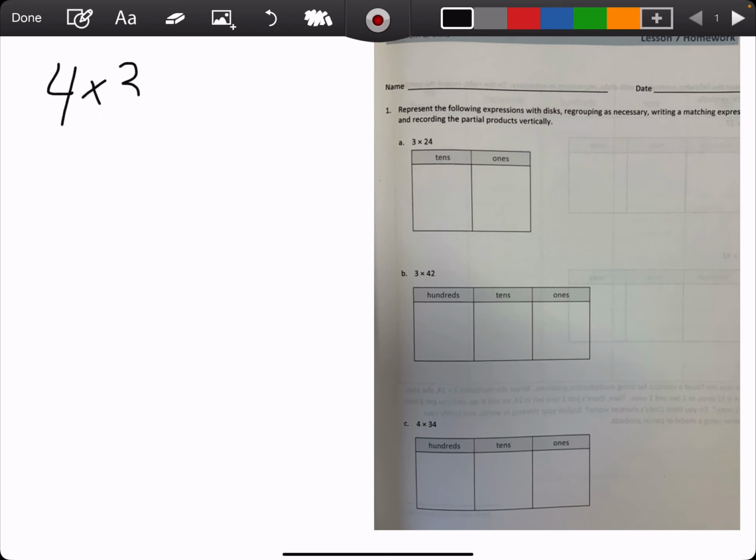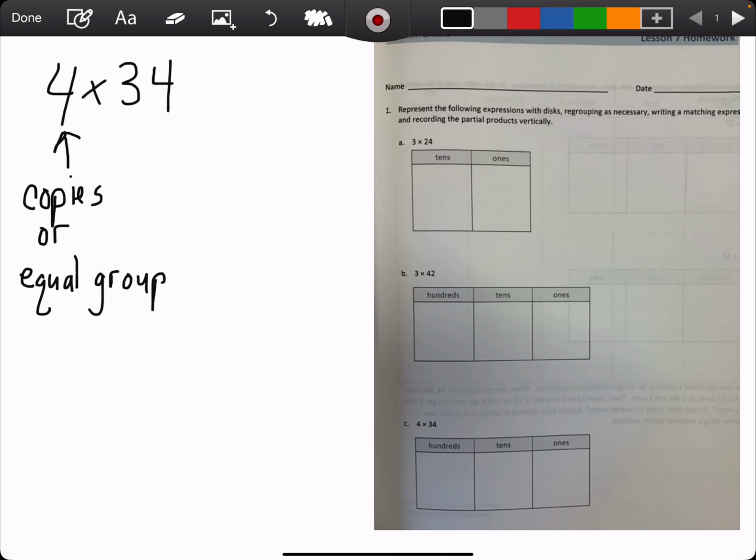That 4 is going to be 4 copies, or I'm going to put groups. You know what? I should write equal groups, if I really wanted to be specific, because when we're multiplying, we are multiplying equal groups. So it's 4 copies or equal groups of 34.